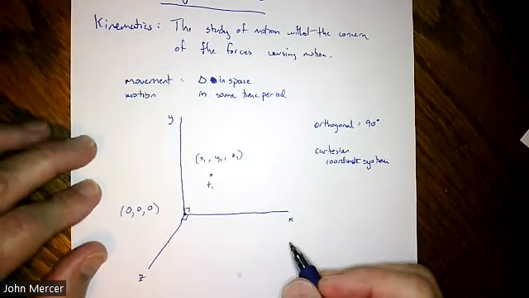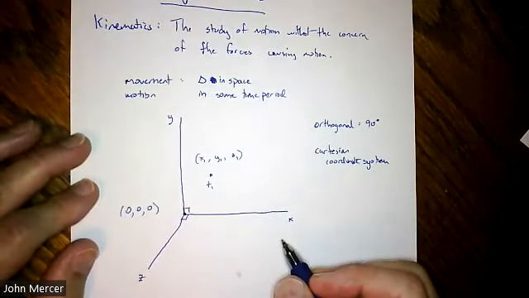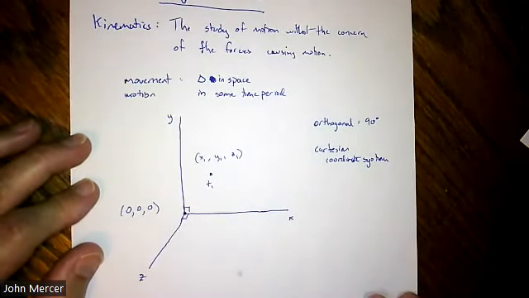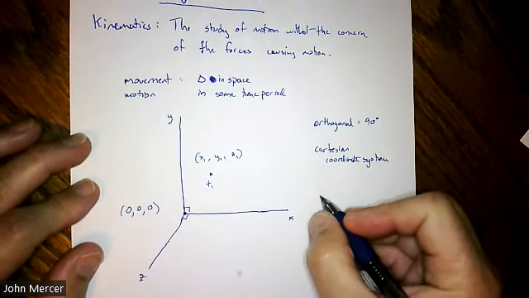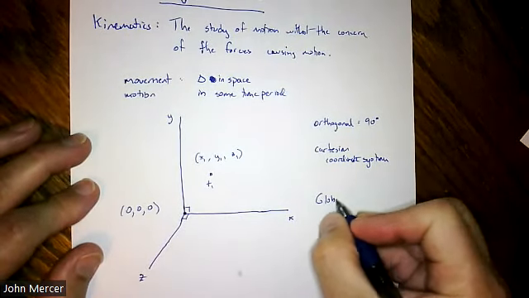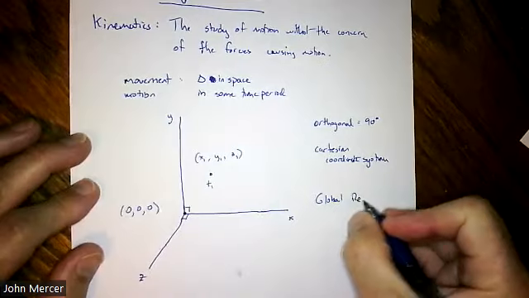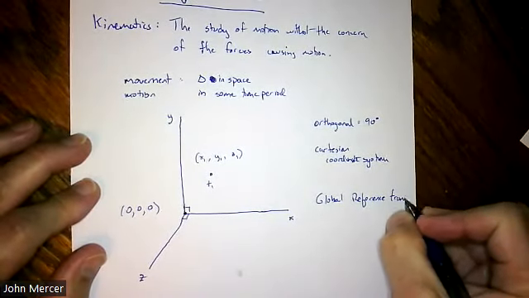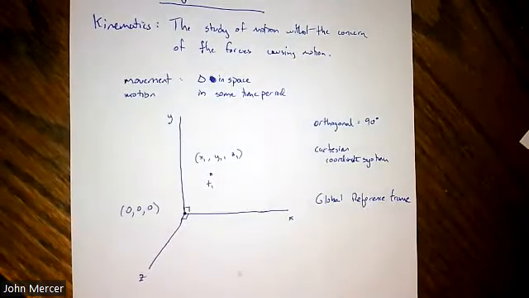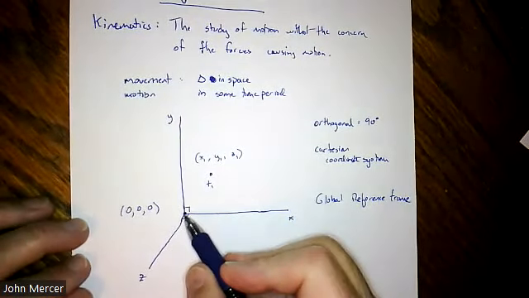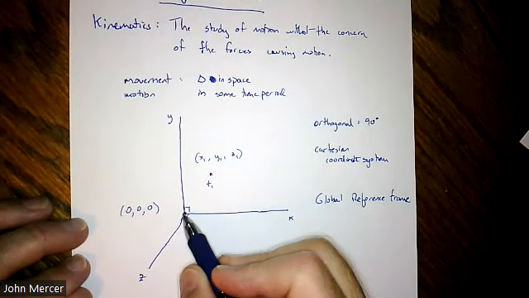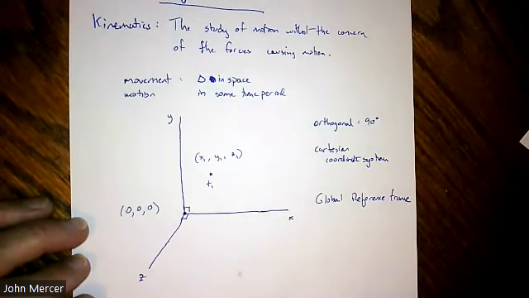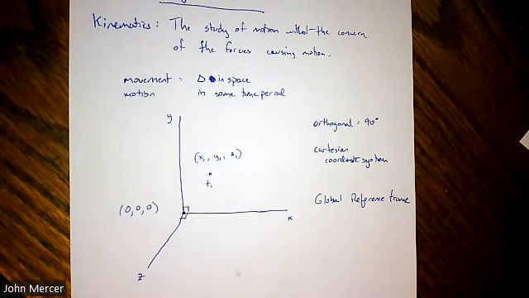When this reference frame is fixed in space, that means we're not going to move it, then we call that a global reference frame. It's not going to move. It stays there. So if this was in the laboratory, I would put this spot, this origin of these three dimensions, in some specific location in the laboratory.